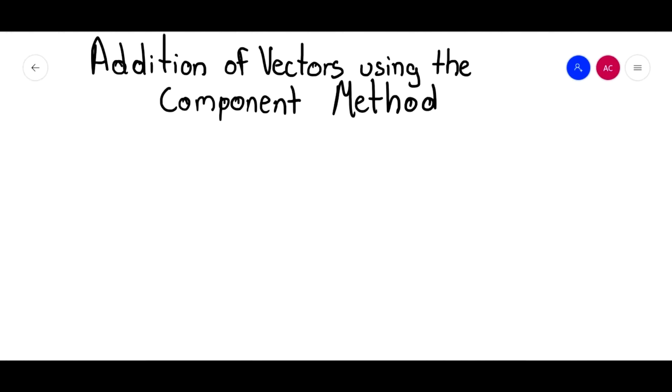Let's say that I have 3 vectors and those vectors are forces. The vector number 1 is a force. Force 1 equals 10 newtons at, let's say, 60 degrees.